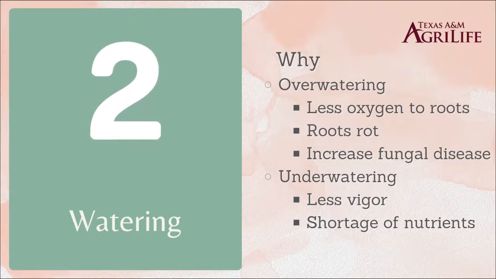And once there's a little bit of rotting coming in, you increase fungal disease, definitely. Underwatering, on the other hand, can look like it just has less vigor, but there's definitely going to be a shortage of nutrients too, because that's how the plants get their nutrients, through watering. So if it's underwatering, it's not getting what it needs.